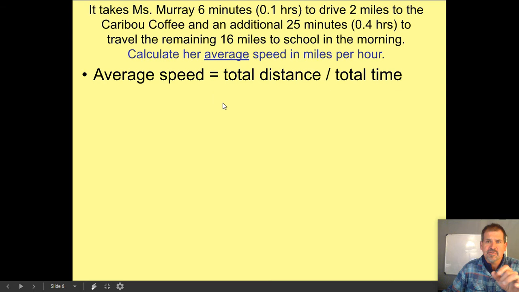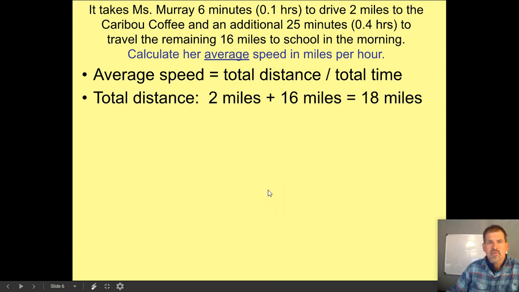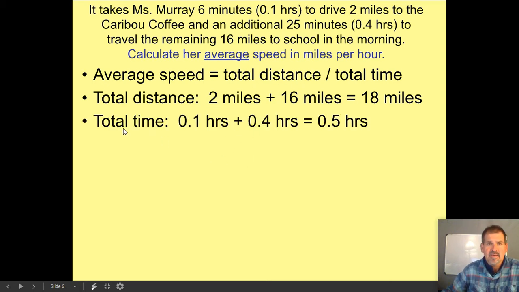So these qualifiers, these adjectives matter. All right, so our total distance is 2 miles plus 16 miles, because we have that from the problem: 2 miles to the Caribou Coffee, and another 16 miles to school. All right, so that's our total distance. We need to divide that by our total time. Our total time is 0.1 hours and 0.4 hours. So a half an hour.